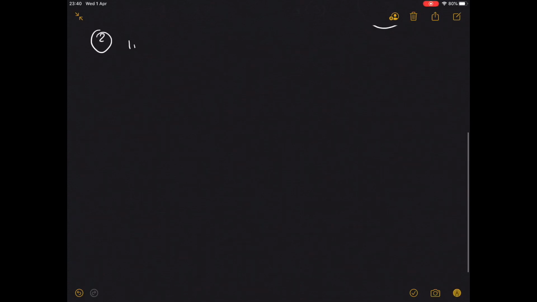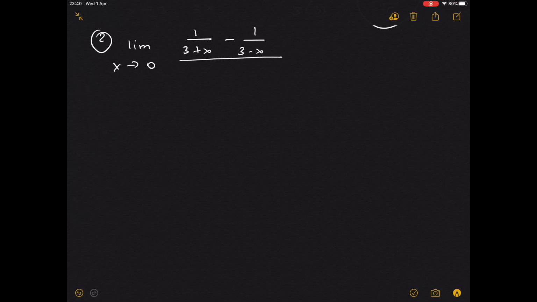The limit as x approaches 0 of the function (1 over 3 plus x, minus 1 over 3 minus x), all over x. As you can see, if you directly substitute 0, we will have 0 over 0.